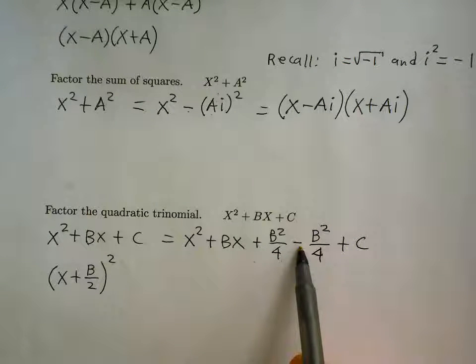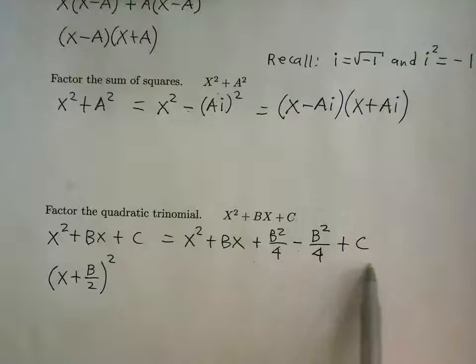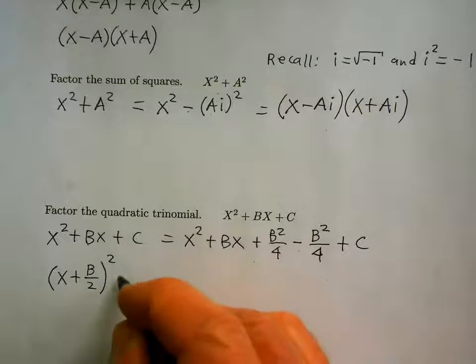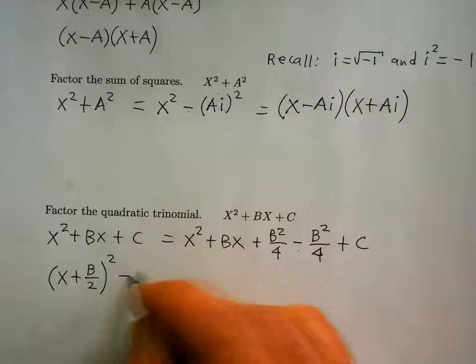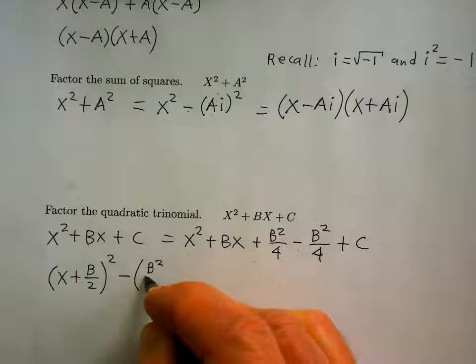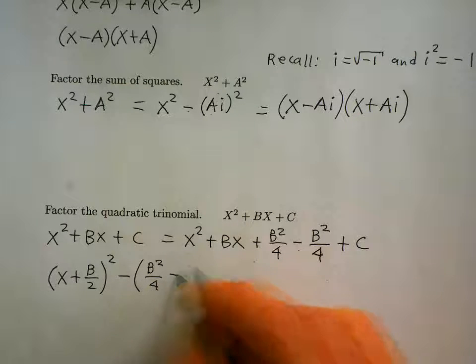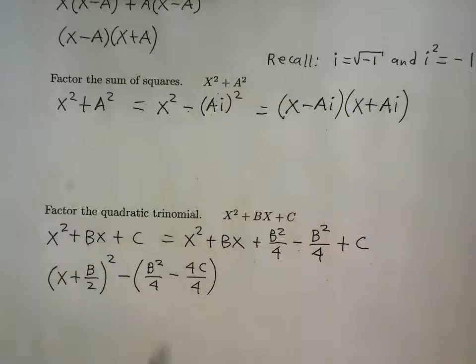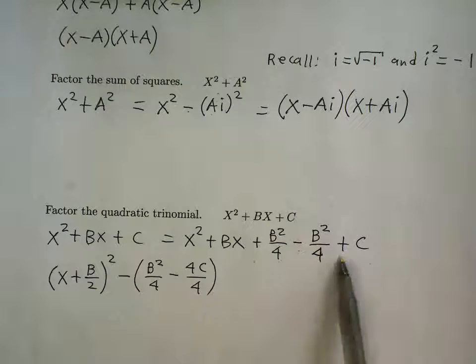And then for the remaining two terms, the minus b to the second over 4 plus c, we're going to write that as minus the quantity b squared over 4 minus 4c over 4. If you do the arithmetic, you can verify that when we subtract b to the second over 4 minus 4c over 4, that's equivalent to minus b to the second over 4 plus c.